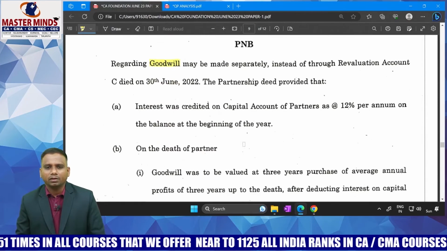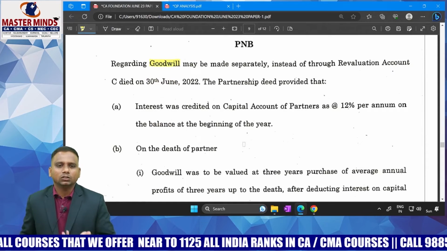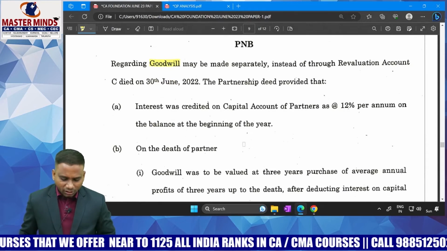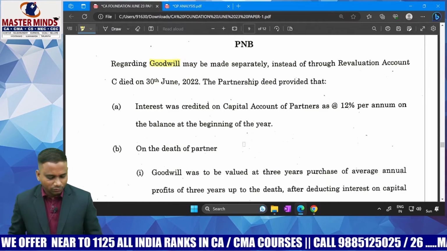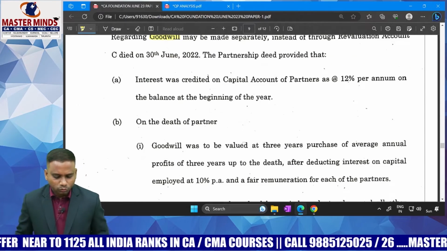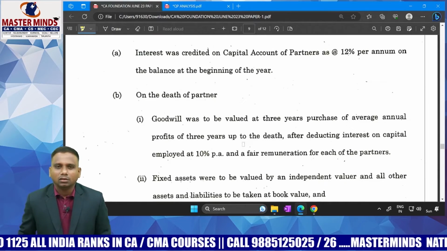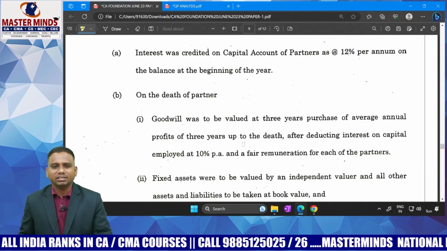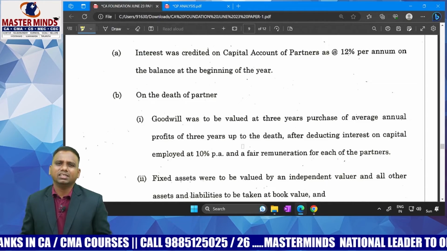Okay. Now, what are the working notes? One, revaluation account, obviously. Next, goodwill calculation, yes or no. Goodwill may be calculated separately instead of through the revaluation account. C died on 30th June 2022. The partnership deed provided that, look at it, after a partner dies, what are the various adjustments we have to do? That is already given in the partnership deed. Now observe, what are the various adjustments?